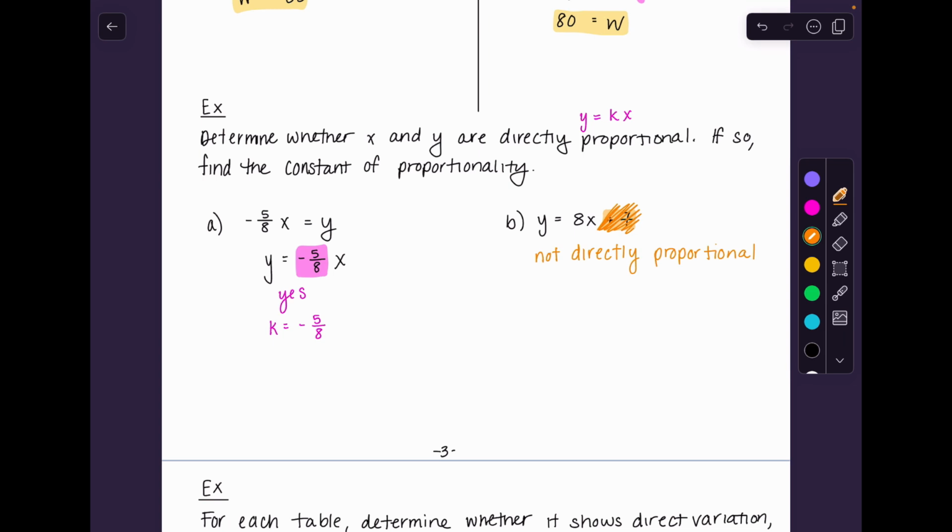But because it's there, it does not go through that origin point. If you plug in x equals 0, your y value is equal to 8 times 0 plus 7, which leads us to 7. So it doesn't go through 0, 0. Because if I have no x's, I should have no y's, and unfortunately, that's not the case here.